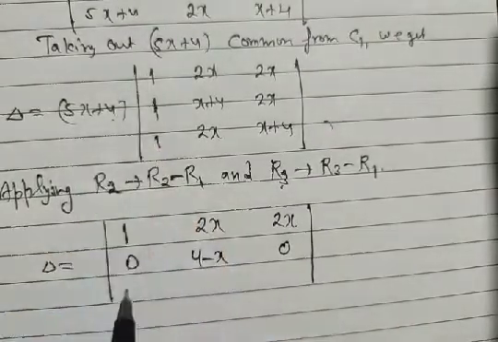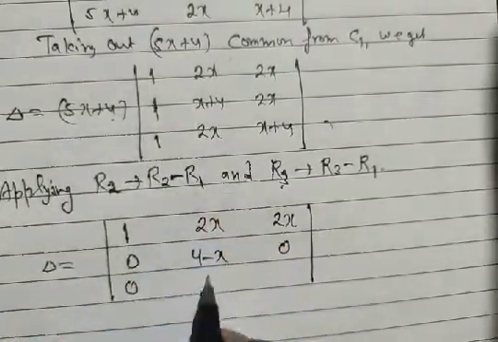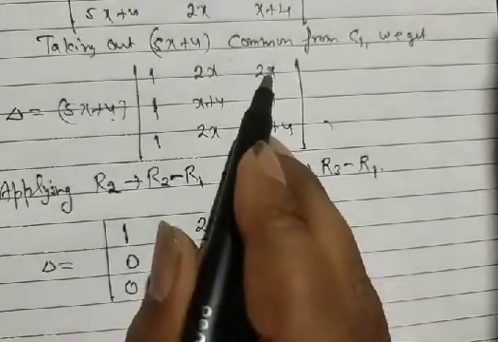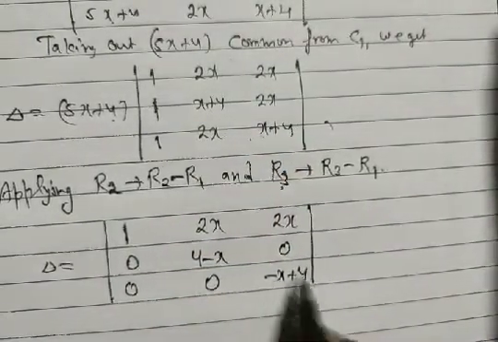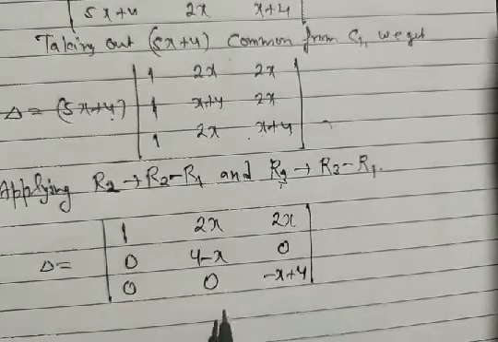R3 minus R1: 1 minus 1 is 0, 2x minus 2x is 0, and again we subtract, we have minus x plus 4, or 4 minus x, whichever we want to write.